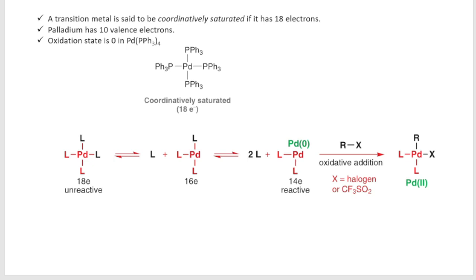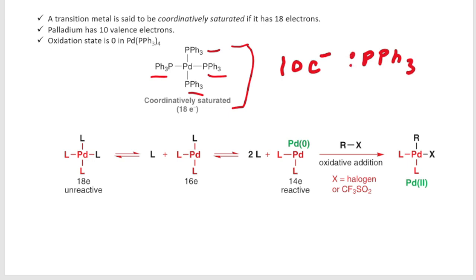So in this complex, palladium tetrakis, palladium is bound with 4 triphenylphosphine molecules. Palladium has a total of 10 electrons in its valence shell, and each triphenylphosphine donates 2 electrons. So 4 triphenylphosphines will give you 8 electrons.